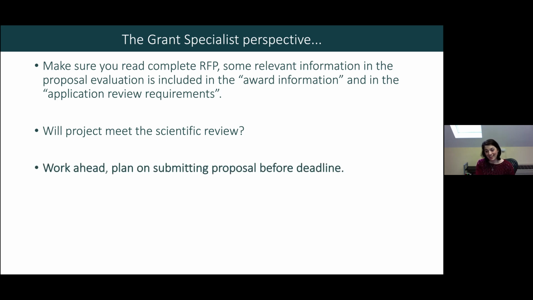And also, as was mentioned, work ahead. Plan on submitting before the deadline. Some sponsors really appreciate having the proposals ahead. Even your department and your grant specialists like to have work ahead. If we have time, we can even offer a review on the writing, not a scientific review, because we might not know all the ins and outs of the narrative, but making sure that all your figures are numbered.